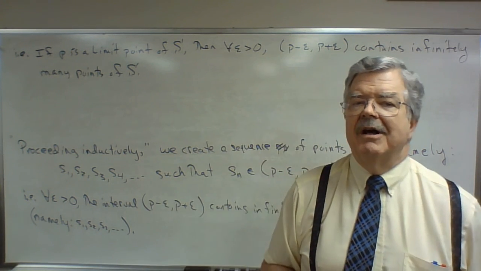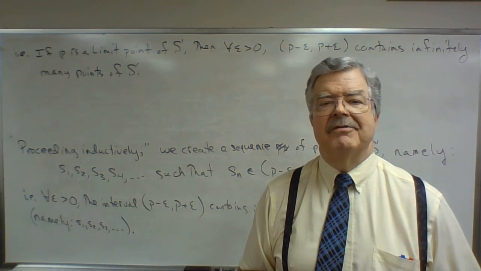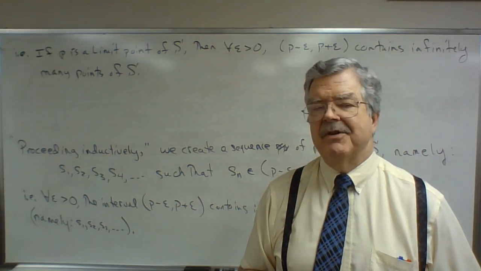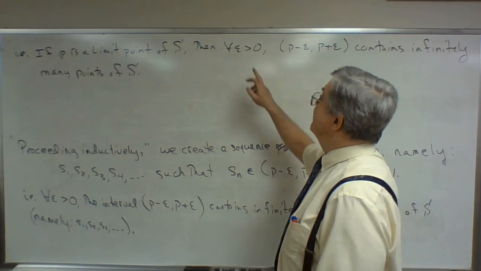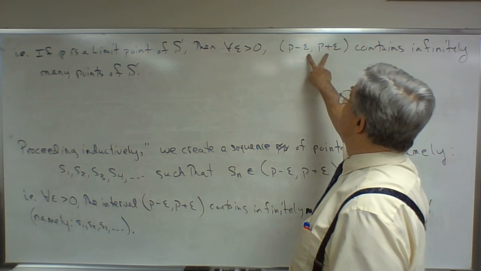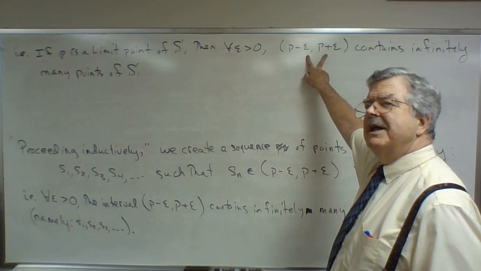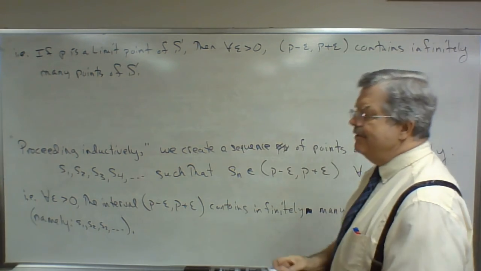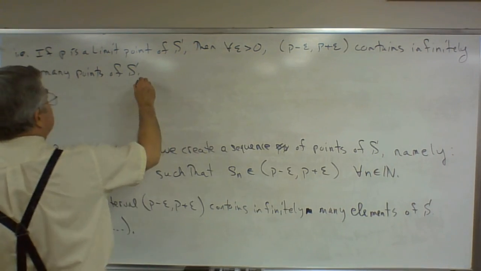So the alternate characterization of a limit point is that P is a limit point of S if and only if, for each epsilon greater than 0, the interval P minus epsilon, P plus epsilon contains infinitely many points of S.